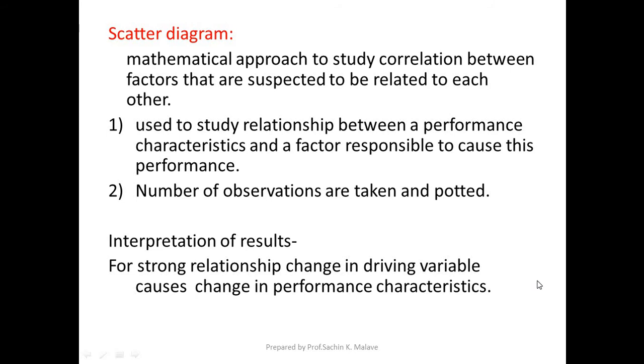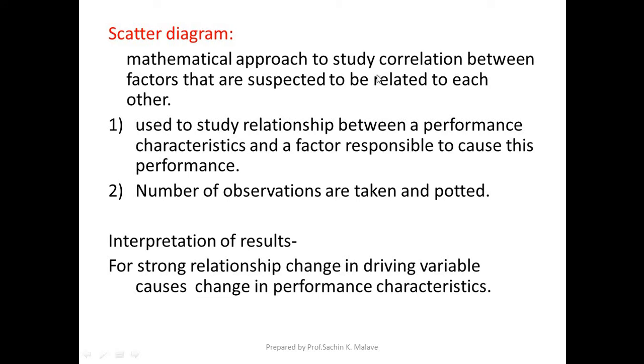A scatter diagram is a mathematical approach to study the correlation between factors that are suspected to be related to each other. This is very important when you are studying any kind of experiment.